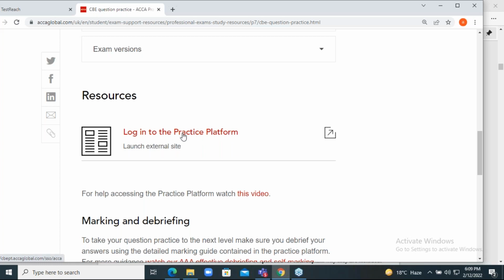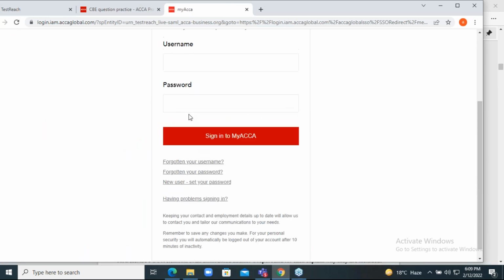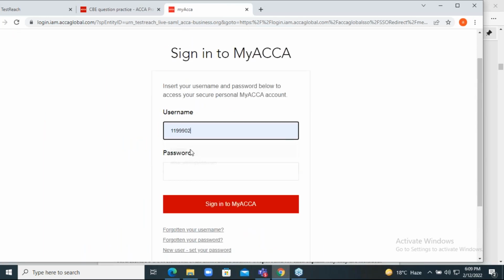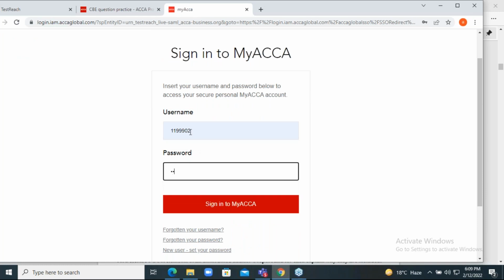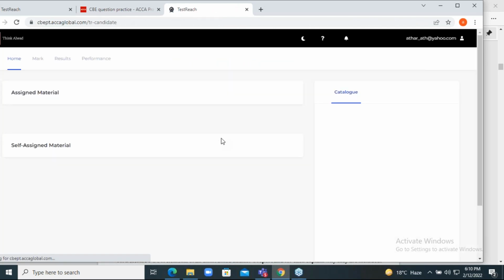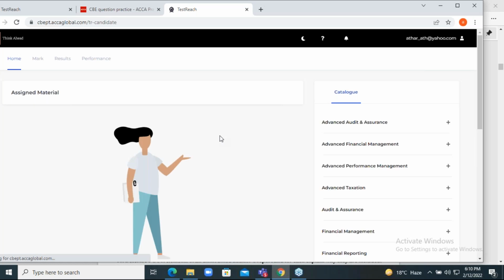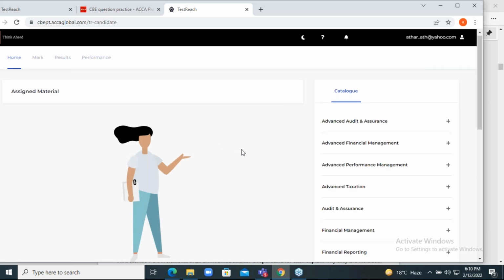This is very important. When you click on it, they will ask you for your username and password. Enter them, and yes, this is the CBE practice platform.